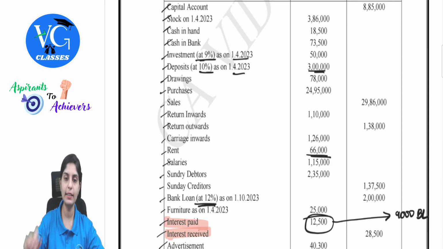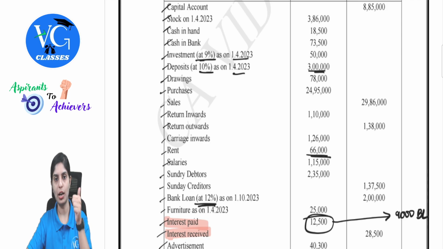So let's calculate the actual interest on bank loan. 2 lakh into 12% into October to March, that is October, November, December, Jan, Feb, March, 6 divided by 12. So this has to be 12,000. Have you shown the full interest of 12,000? No. We have only recorded 9,000.